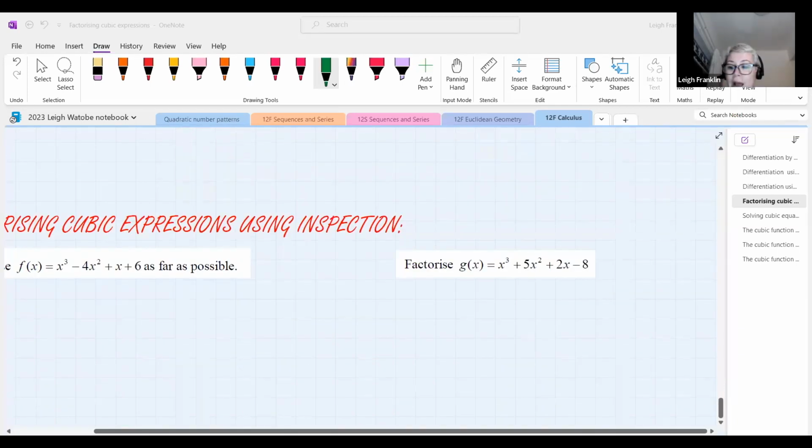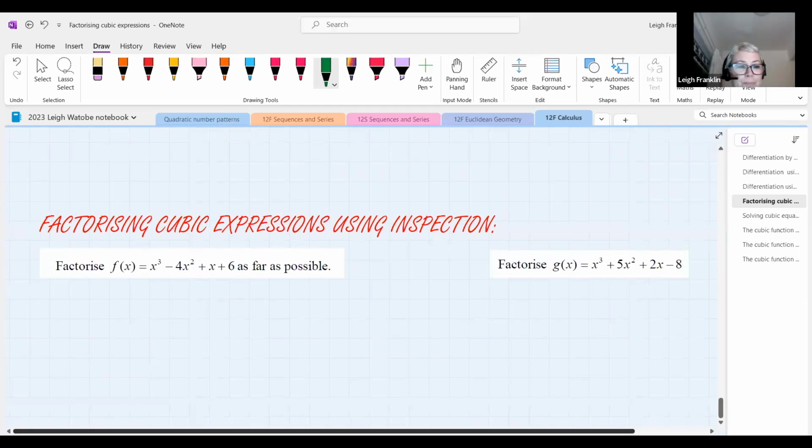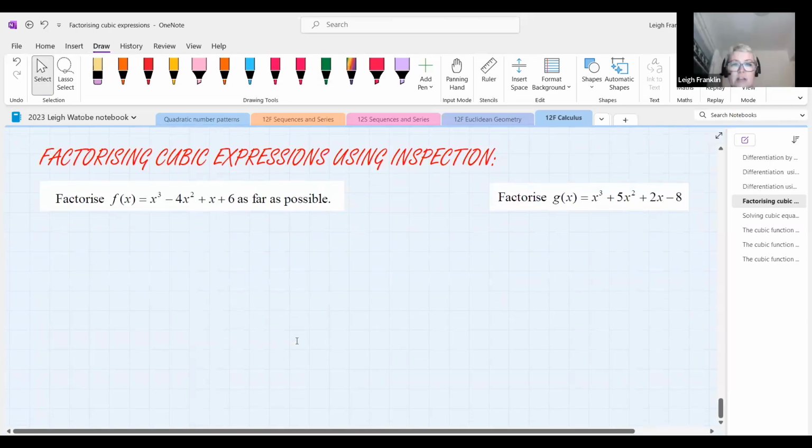All right, so now let's jump into what it is that I actually wanted to show you this evening. We're going to use factor theorem. Okay, and we're going to need to use factor theorem in this case because we're going to look at this one over here. Ignore that one. That's for you guys to try.